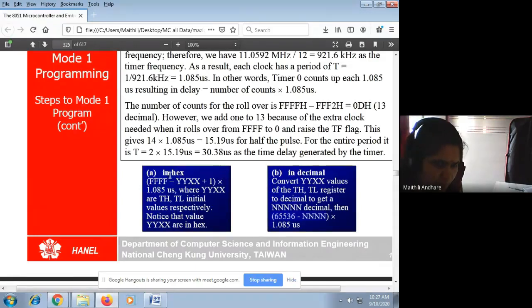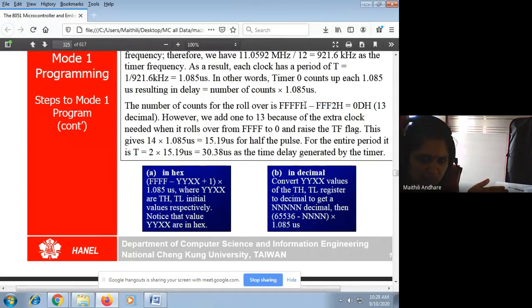Now see, what is my value? My value is given as FFF2. Then you have to calculate the number of counts. How? The initial value loaded in the timer register I know, and I know the maximum count of that timer.